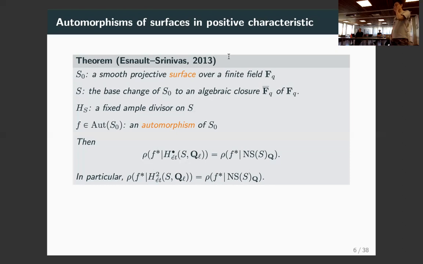Then they prove that the spectral radius of this action on this total étale cohomology ring is the same as the spectral radius of this pullback action on divisors. And in particular, we have the spectral radius of this pullback action on H^2 is the same as the pullback action on divisors. Okay, this is their result, and this identity is the same as what I said for the complex surface case.